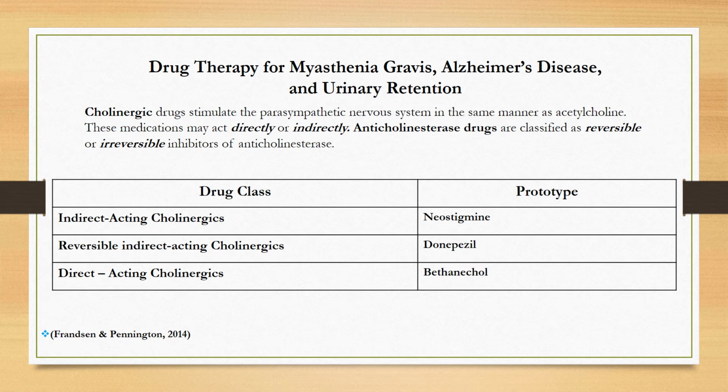Now these meds can either be directly or indirectly acting, and anticholinesterase drugs, which remember the cholinesterase is what destroys the acetylcholine once it's done its job. So those are some of the drug classes that are going to help take care of these. And anticholinesterase drugs inhibit the cholinesterase.